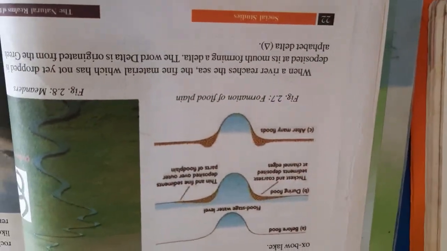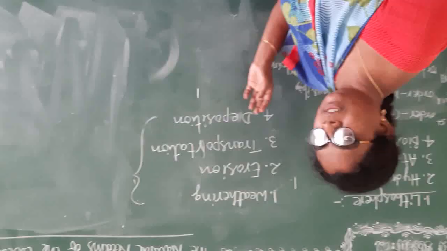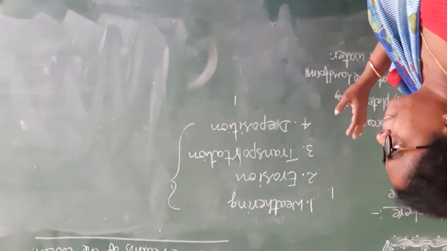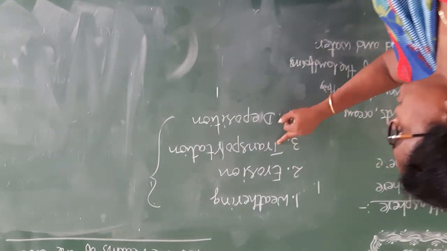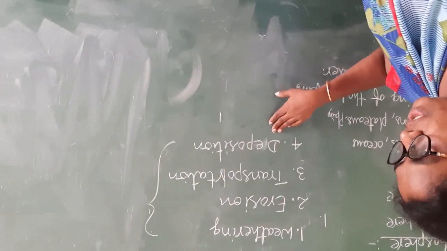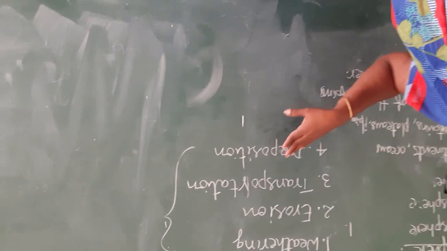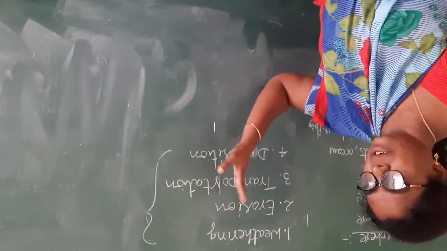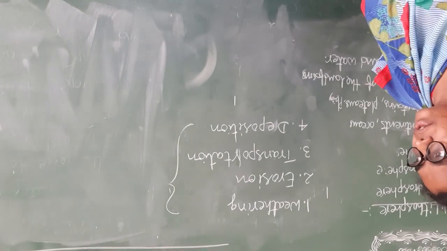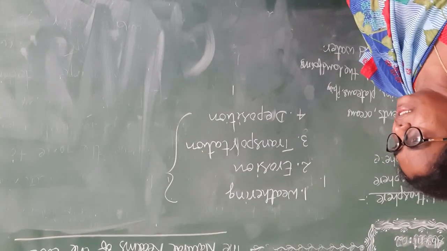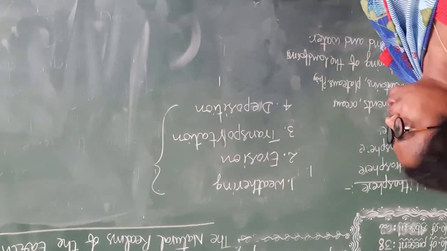So, because of the work of water, children, see these 4 points: weathering, erosion, transportation and deposition. These are responsible for landforms, third order landforms like carved mountains, valleys, deltas and sand dunes.